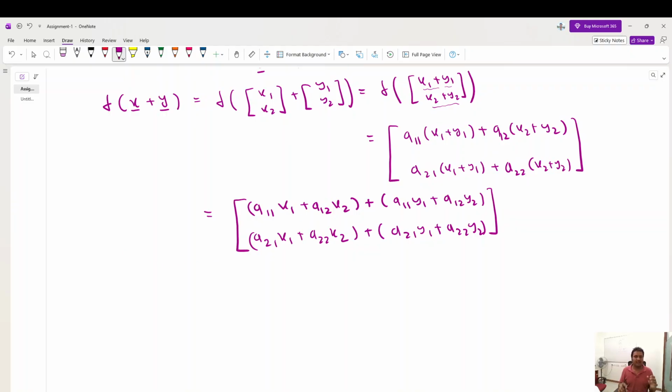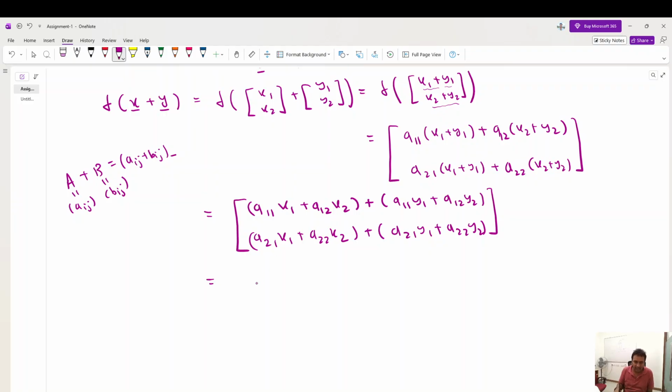Now you know the matrix addition, right? So it's a 2 cross 1 matrix. If you sum it, you sum each and every corresponding entry of the matrix, right? So if you have some matrix A, which is denoted by say entry Aij in general, and this is Bij, what is the sum, guys? Aij plus Bij, corresponding order, whatever it is, right?